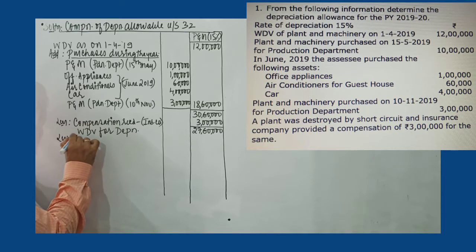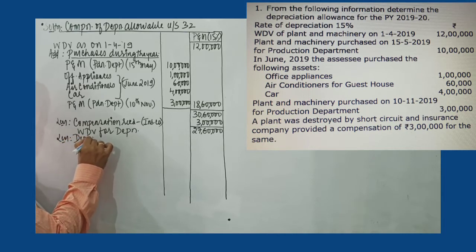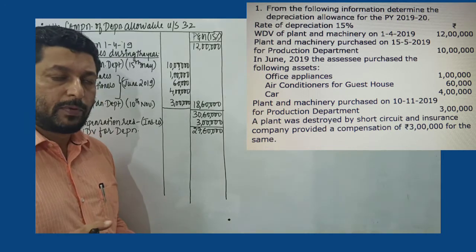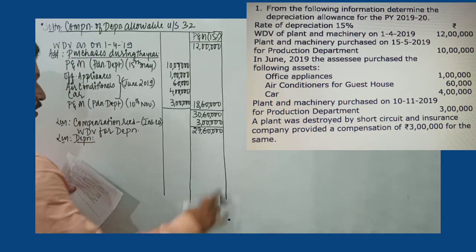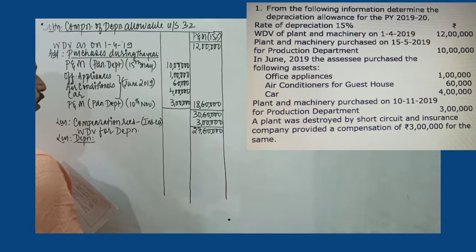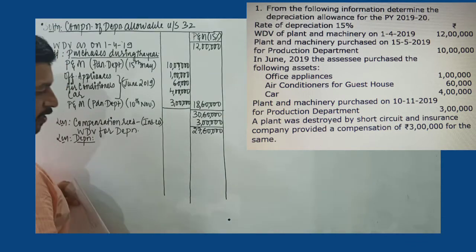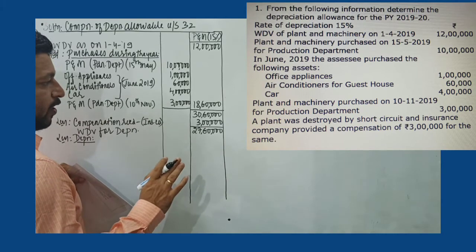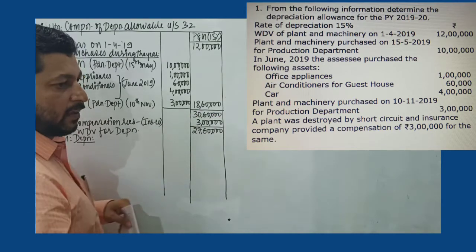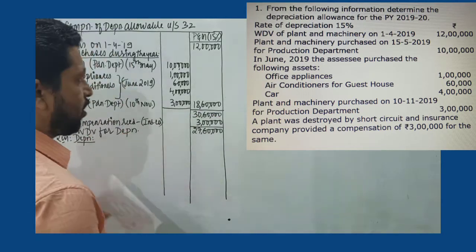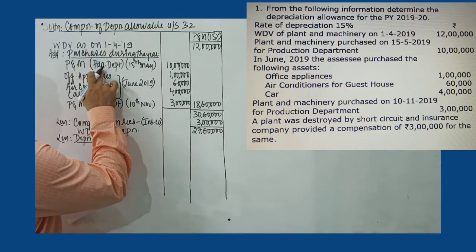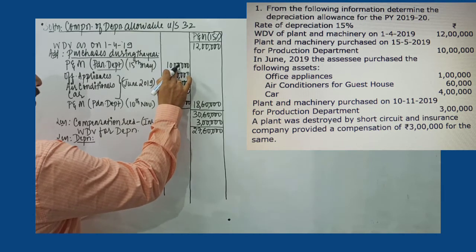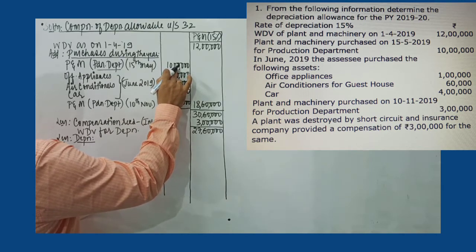Then I record less depreciation. Now as we have seen, we talk about normal depreciation and additional depreciation. First of all, we need to check. Additional depreciation is applicable on plant and machinery purchased, installed in the factory, used in the manufacture or production. See here, for plant and machinery, it is mentioned production department, so this particular asset is eligible for additional depreciation.